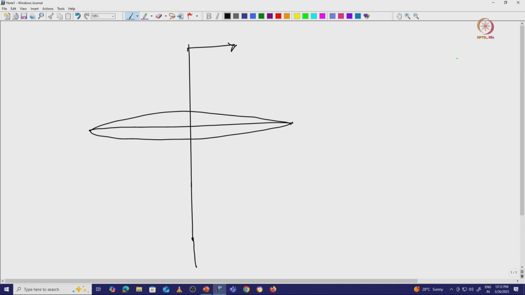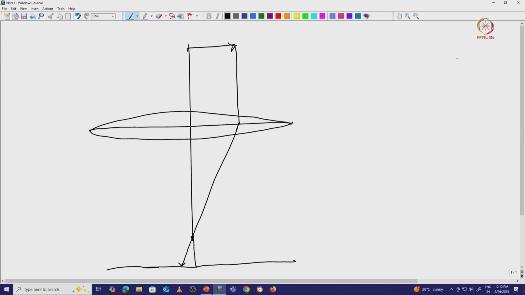If this is my plane, I will consider this my image plane for now. The incoming electron beam can travel any path, and then it will go through this particular point and give us an image here.